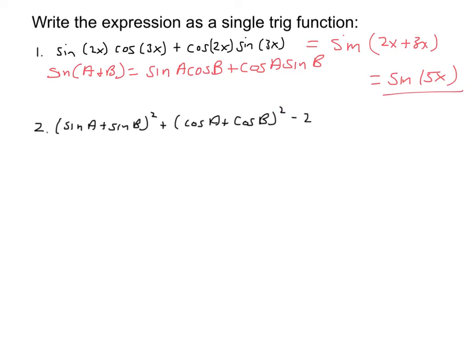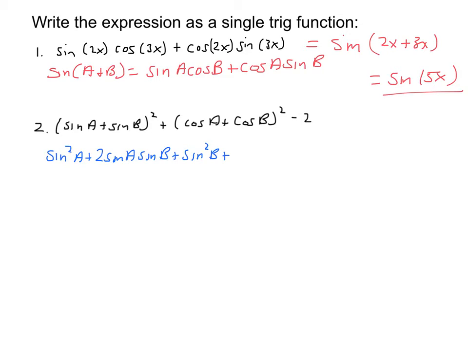Now, when I FOIL this, the first one, I'm going to get sine squared A plus 2 sine A sine B plus sine squared B plus.